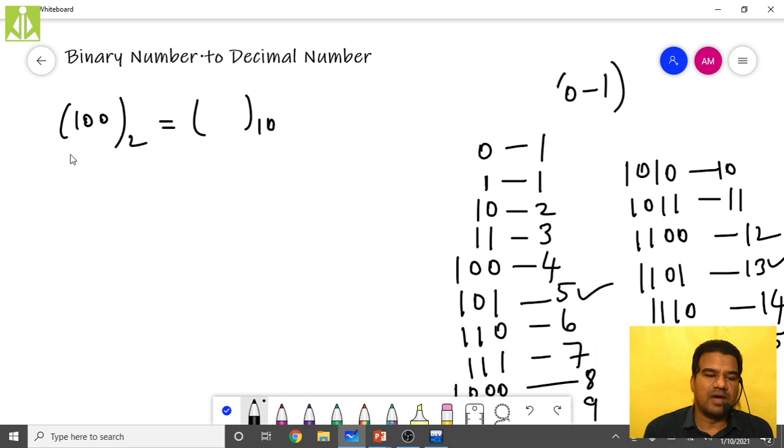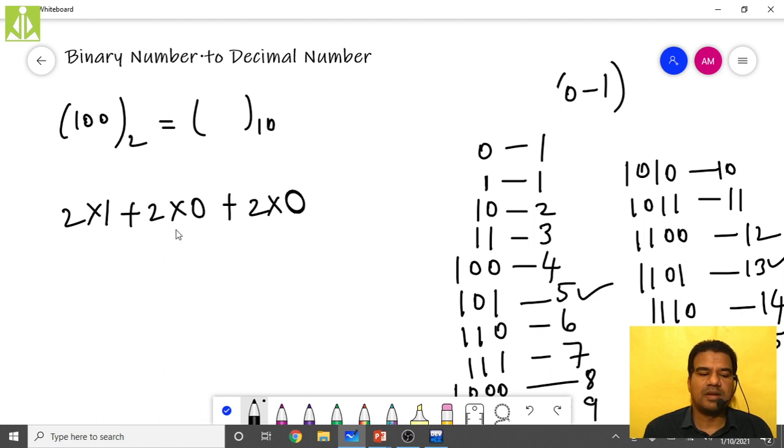What I have to do is write these three numbers separated, 1 0 0. Then multiply each with 2, put the plus symbol in between, and add the powers 0, 1, 2, that's it.